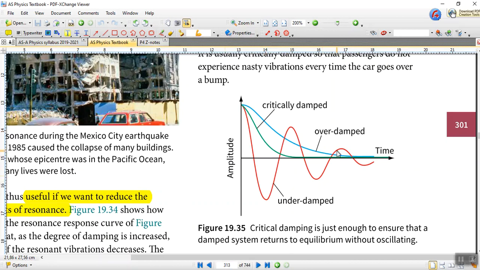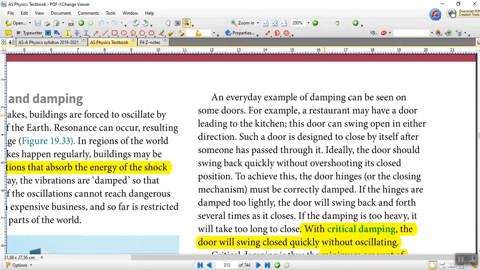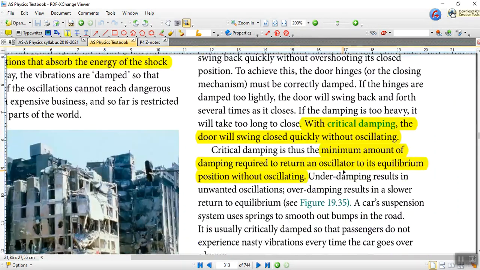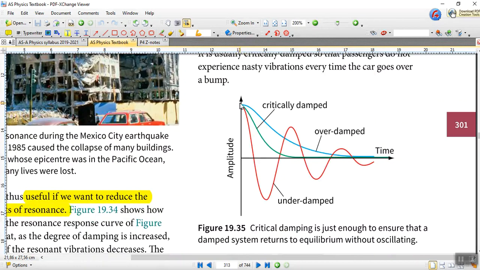For example, they explain the example here of doors of restaurants leading to the kitchen that can swing in both directions. Critical damping will cause it just to close immediately. Under damping will make it swivel both ways until it eventually stops, and over damping will make it close slowly, which we also don't want.